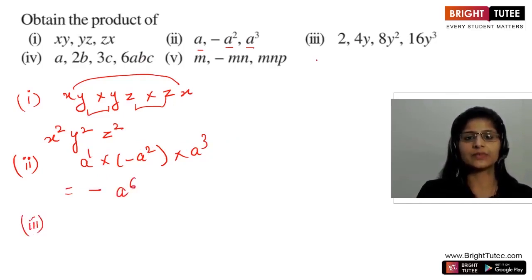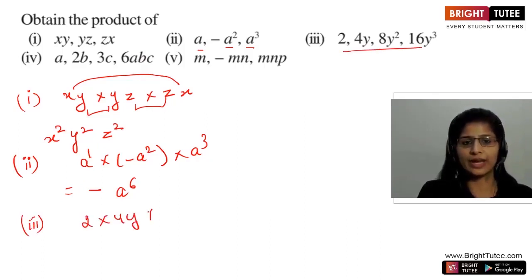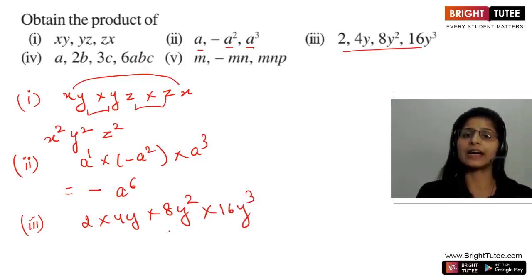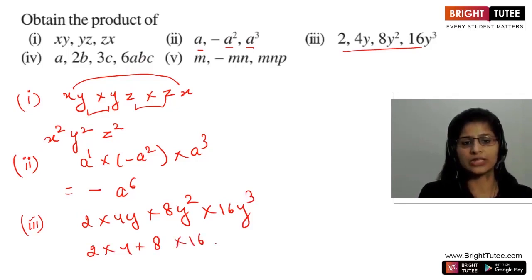Third one, we have to multiply these: 2 into 4y into 8y square into 16y cube. Write the coefficients together, 2 into 4 into 8 into 16, and write the terms having y, y square and y cube.